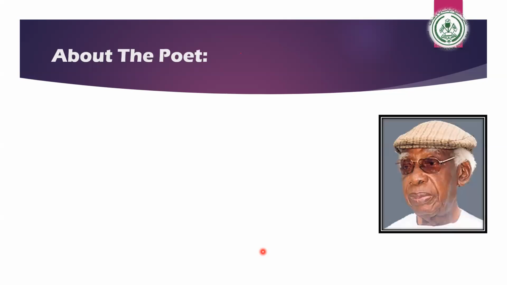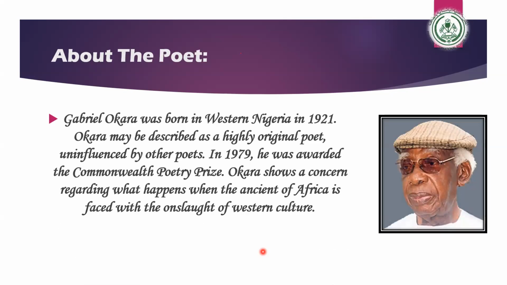First, we will look over here about the poet. Gabriel Okara was born in Western Nigeria in 1921. Okara may be described as a highly original poet, uninfluenced by other poets. In 1979, he was awarded the Commonwealth Poetry Prize. Okara shows a concern regarding what happens when the ancient culture of Africa is faced with the onslaught of Western culture.